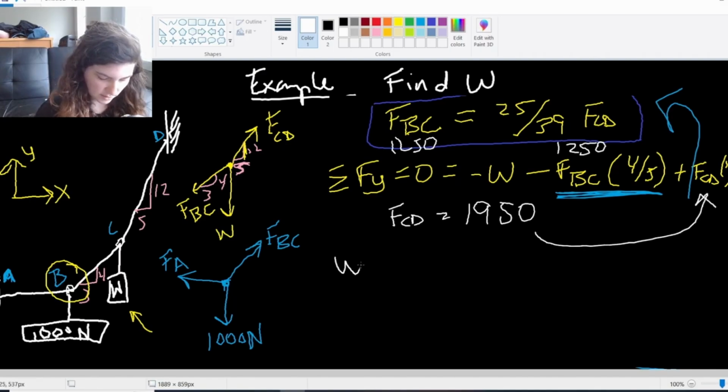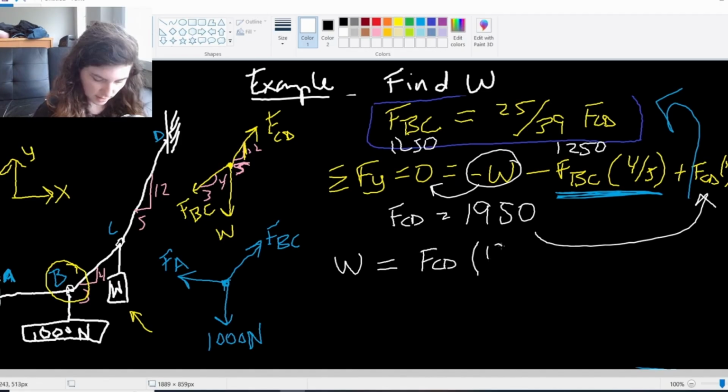So I get W, moving this W over here, W equals FCD times 12/13 minus FBC times 4/5.